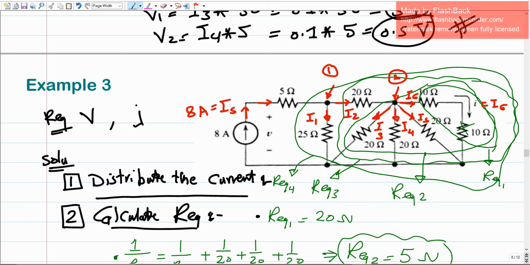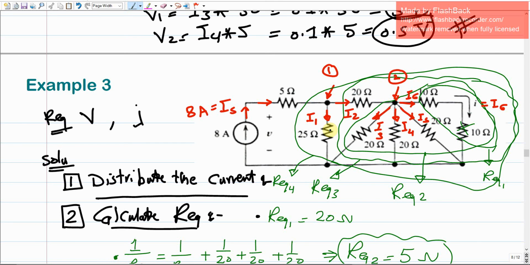But it is a little bit tricky here, because the current division principle can be applied over only 2 resistances. But here we do have 4 resistances. So what does it mean? It means that first of all, we have to find I2 first, because this I2 is the one that is going to be split or divided.